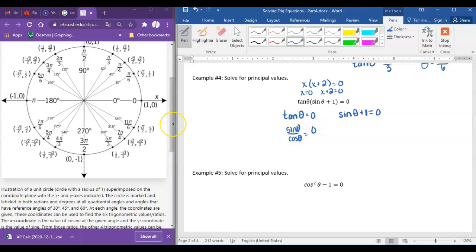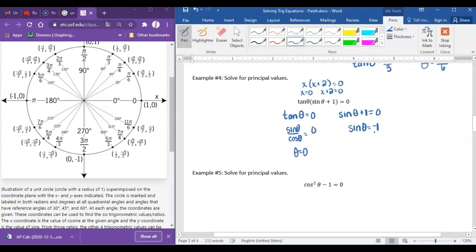So here, this happens right here at 0. Tangent of 0 would be 0 over 1. So we're going to have theta equals 0 for our answer for this part of the equation. But we've got to also do this other side, so we'll have sine of theta equals negative 1.